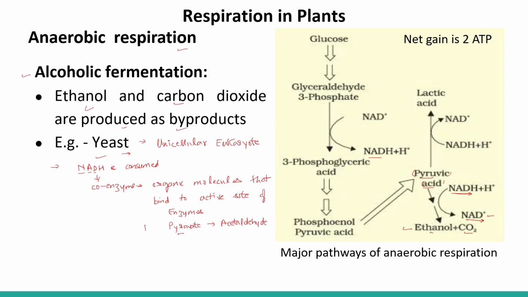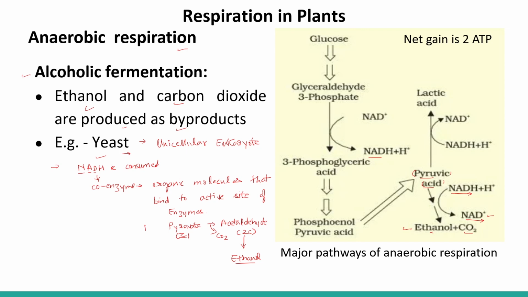So this is a 3-carbon compound, whereas acetaldehyde is a 2-carbon compound. So here carbon dioxide is released at this step. And then later acetaldehyde is finally converted into ethanol, which is an alcohol. That's why it has been given the name alcoholic fermentation.